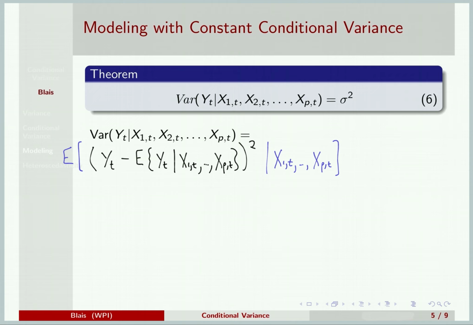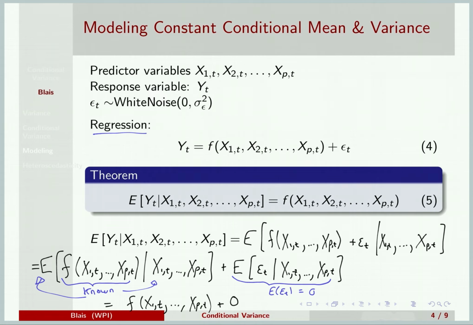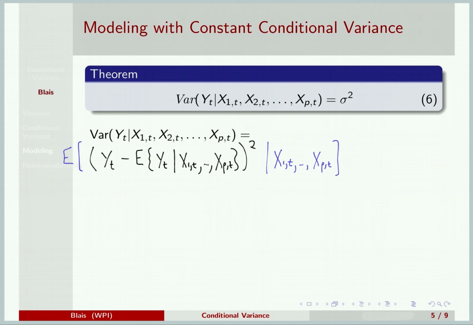Now we can use the definition of yt and the fact that we calculated this in the previous step. Note the definition of yt is from equation 4, our regression model. So we can incorporate that: yt is f of x1t up to xpt plus epsilon t.